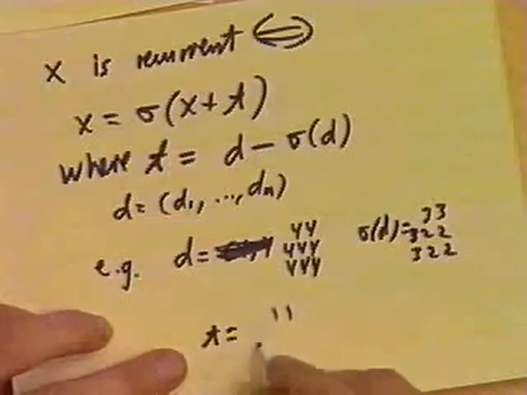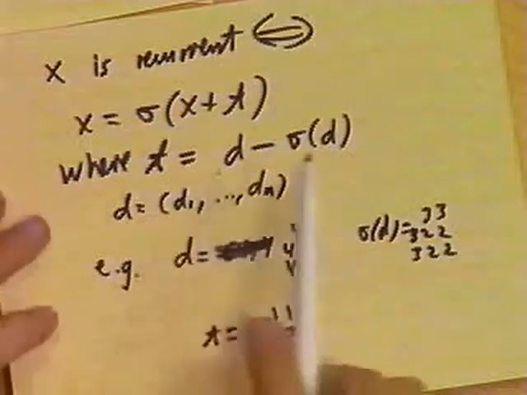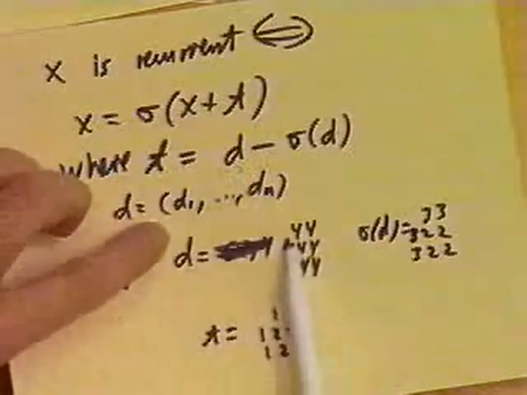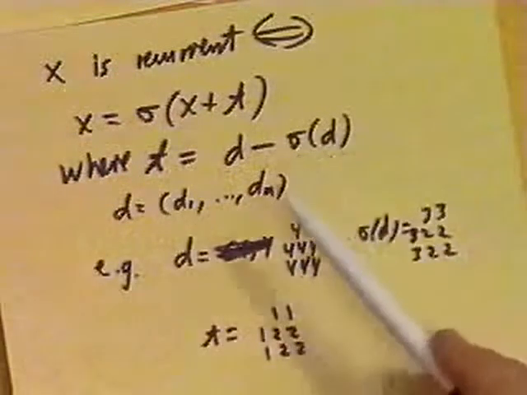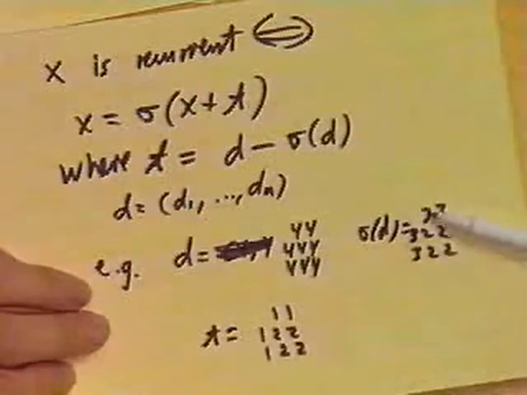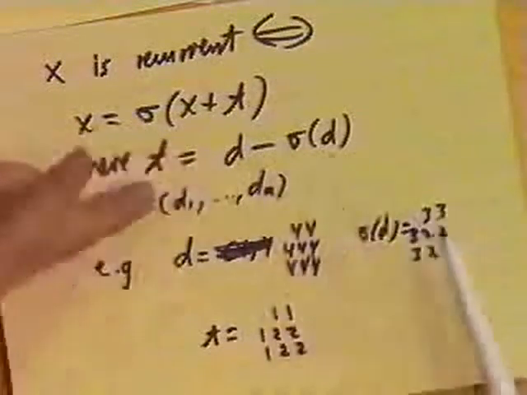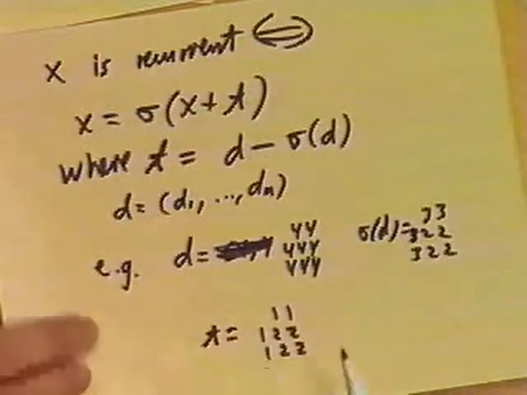And this is 1, 1, 1, 2, 2, 1, 2, 2. So in our particular case, D puts 4 everywhere, and that reduces, as we saw, to the stable pile sigma of D, and then we subtract that. We get something that has these components.